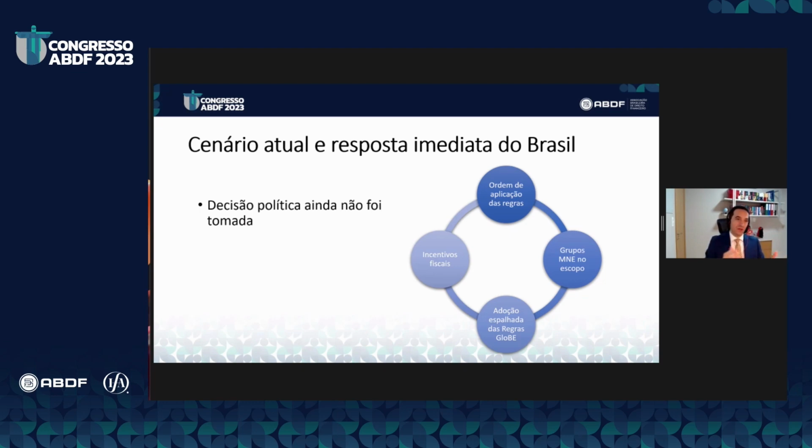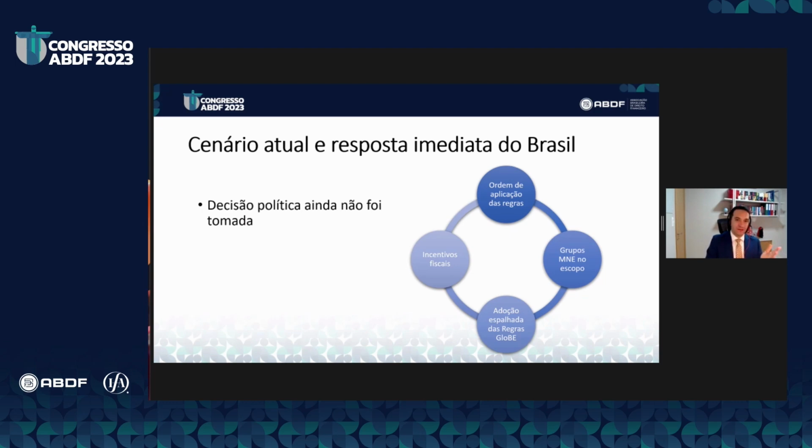Se o Brasil apresentará montantes relevantes de top-up tax. Nesse cenário, o elemento que pode nos levar mais significativamente para essa situação são os nossos incentivos fiscais.